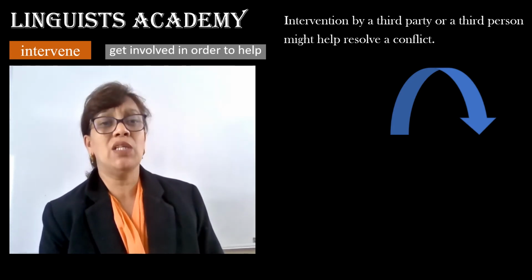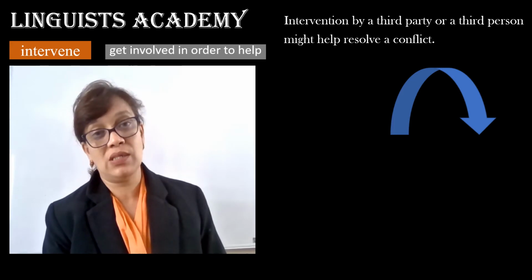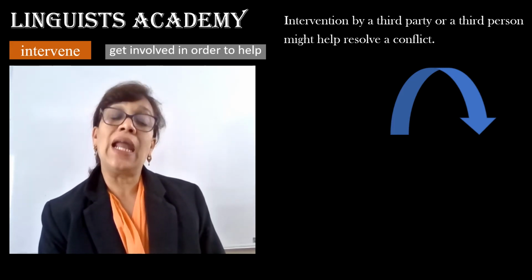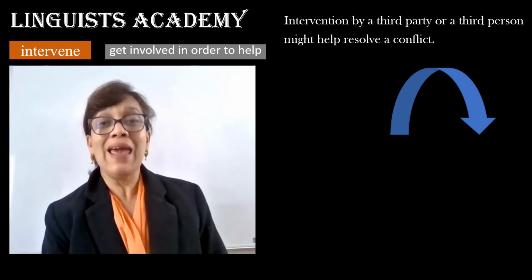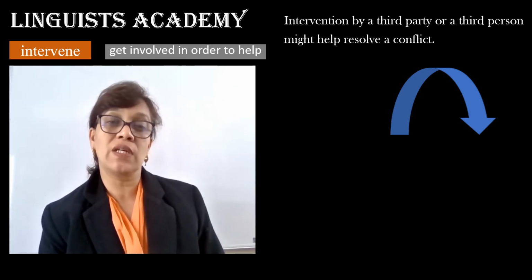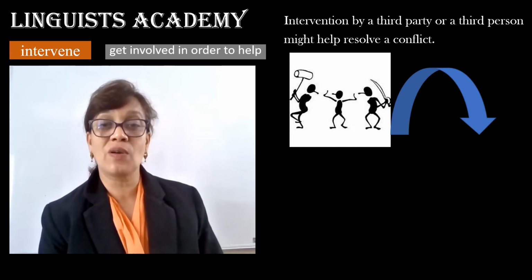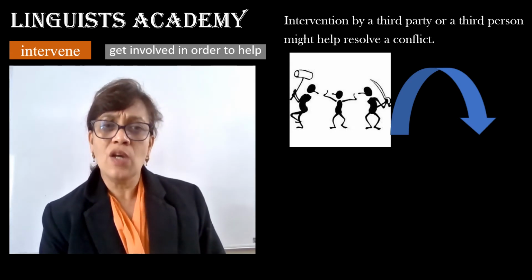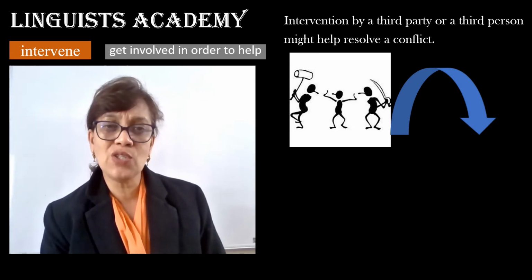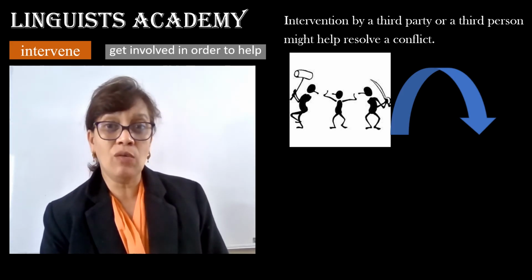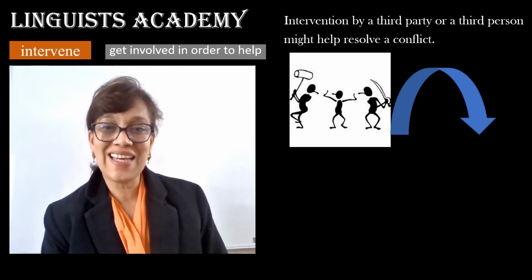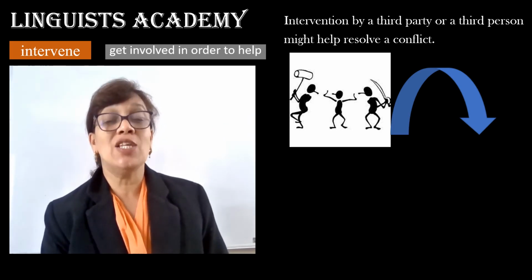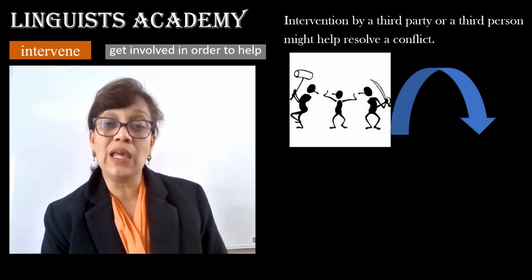Sometimes two people might be in total disagreement. And at such times, an intervention, an involvement of a third party helps to resolve a conflict. See this picture. Can you see two people at loggerheads with each other? They're absolutely in an attacking mode. And do you see the figure in between? Yes, the figure in between is trying to intervene.